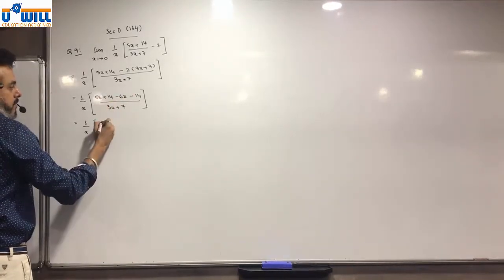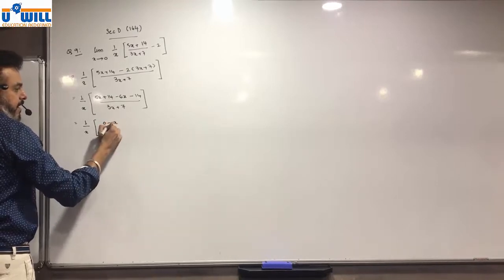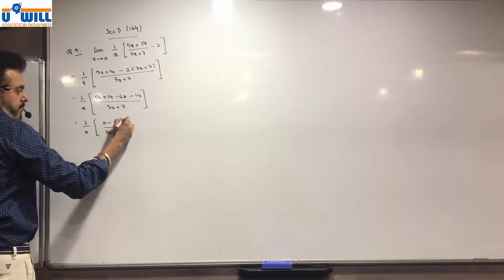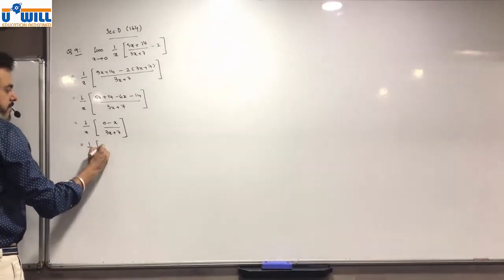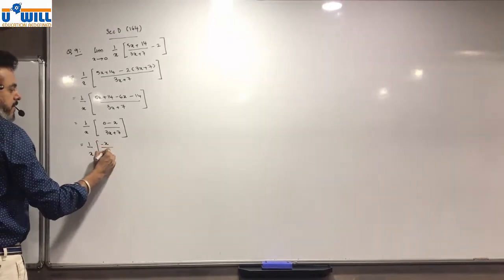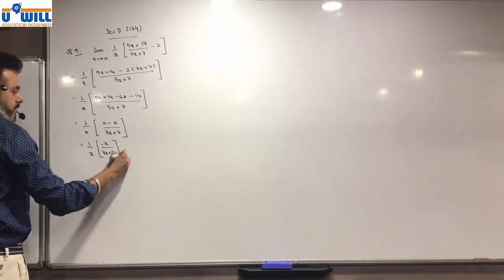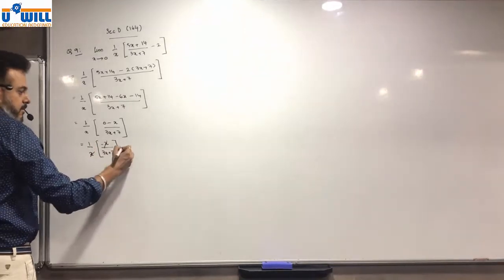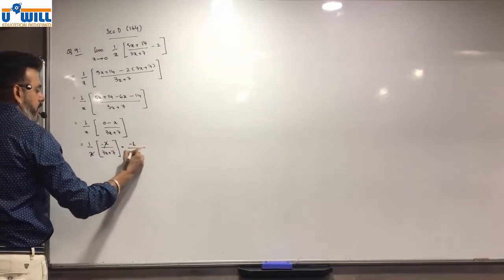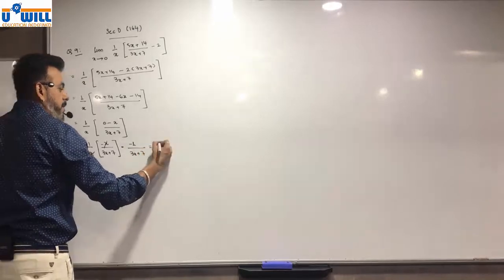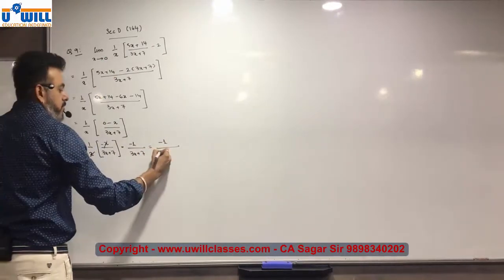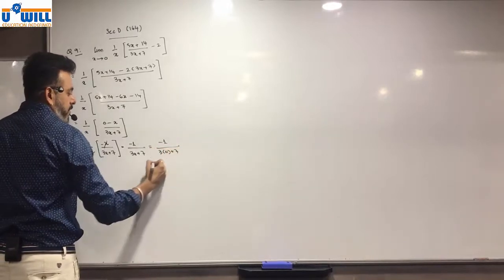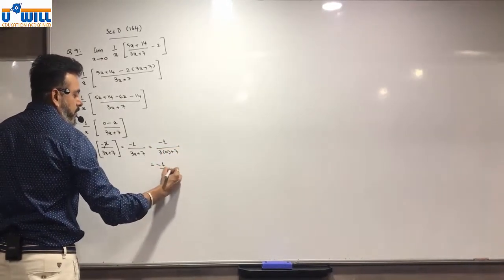What about this? 0 minus x upon 3x plus 7 is equal to 1 by x times minus x upon 3x plus 7. Cancel, it is equal to minus 1 upon 3x plus 7. What is x? 0. So minus 1 upon 0 plus 7 is equal to minus 1 upon 7.